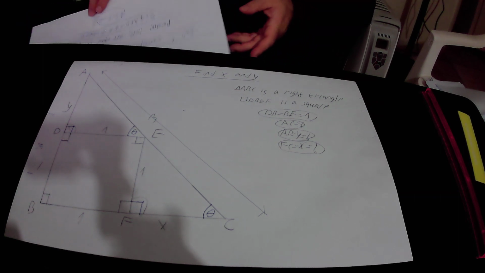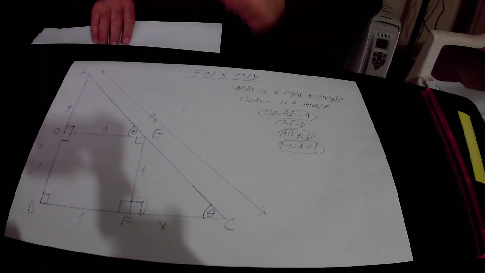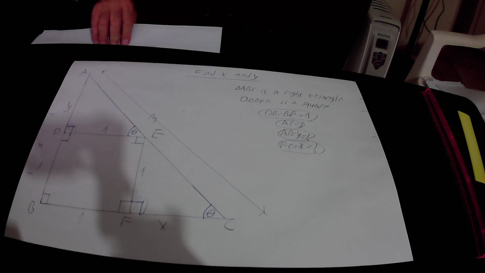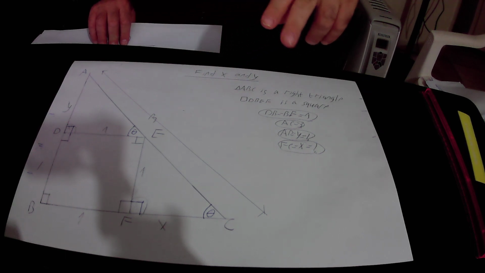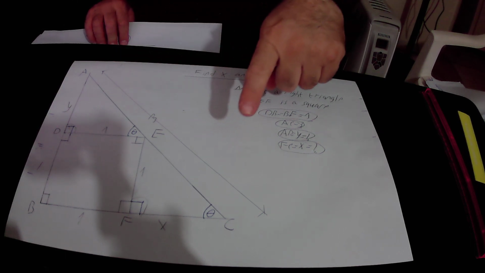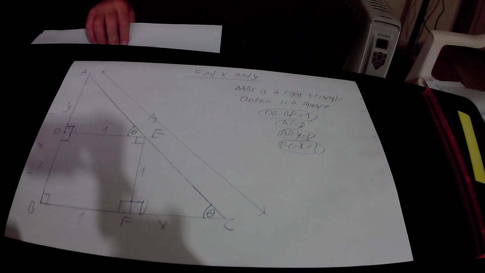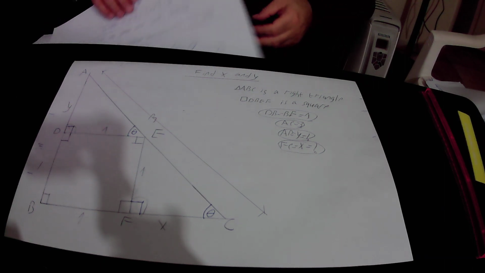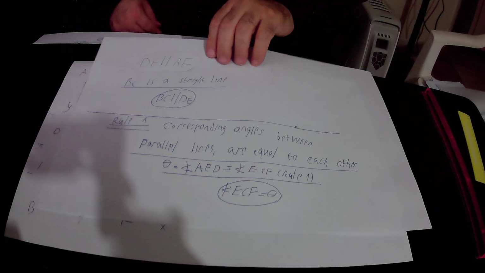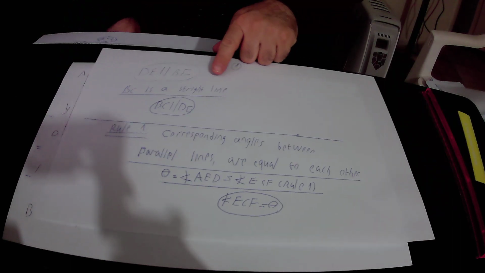And we know that BC is one side of the right triangle ABC. So BC is a side of a triangle. It must be a straight line.